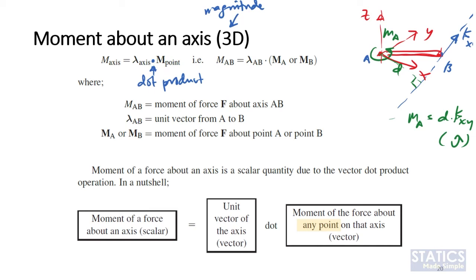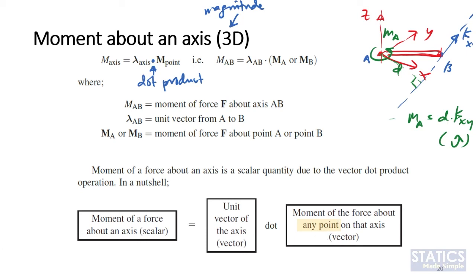It can be MA or MB or something in between, right? So moment about axis, which is a scalar value, is equals to unit vector of that axis, which is a vector, dot product with moment of force about any point on that axis.